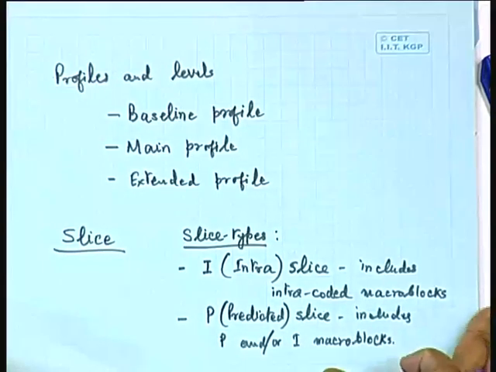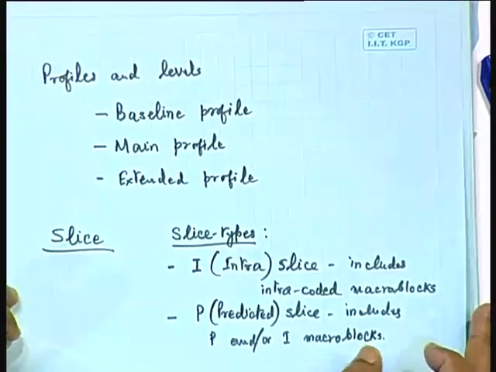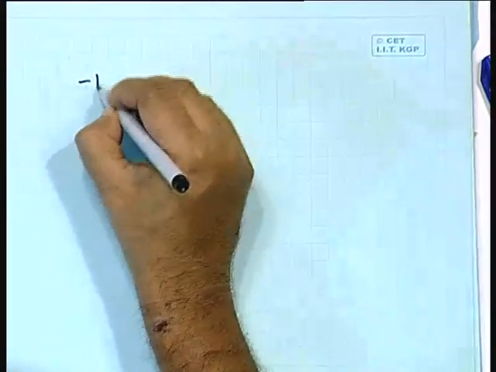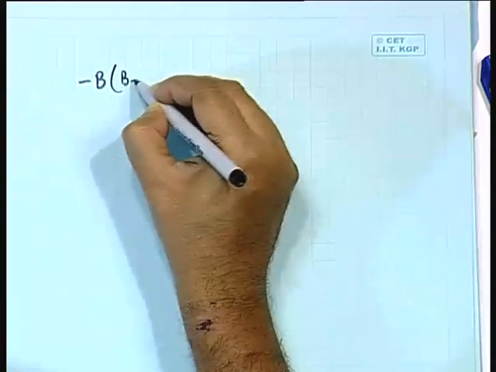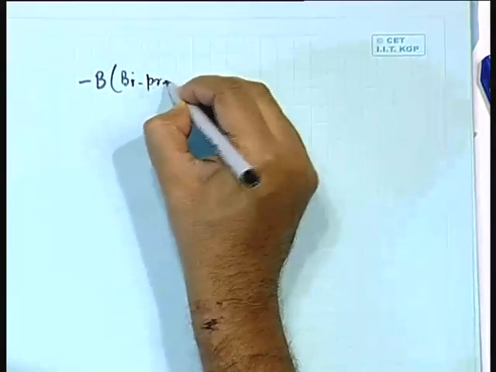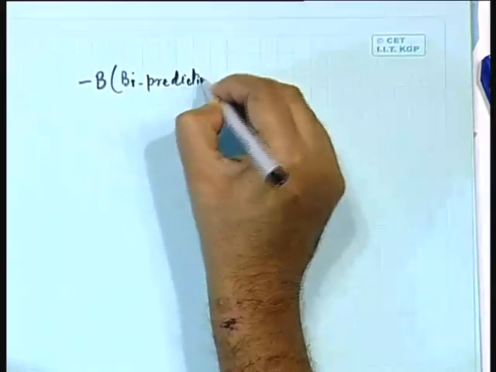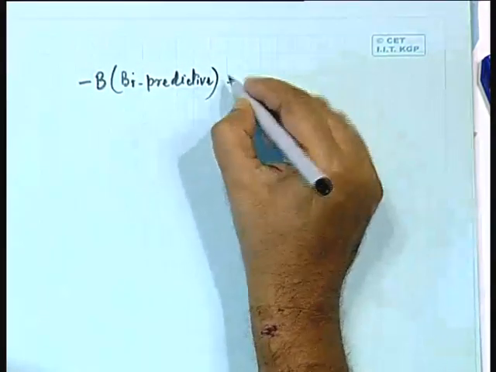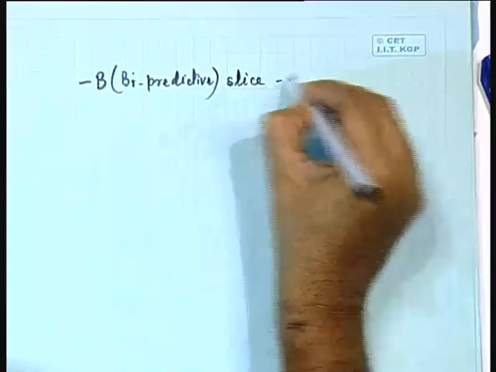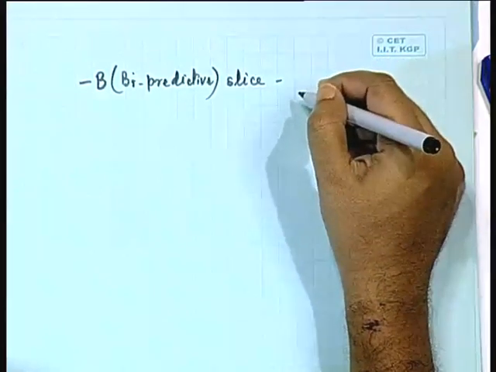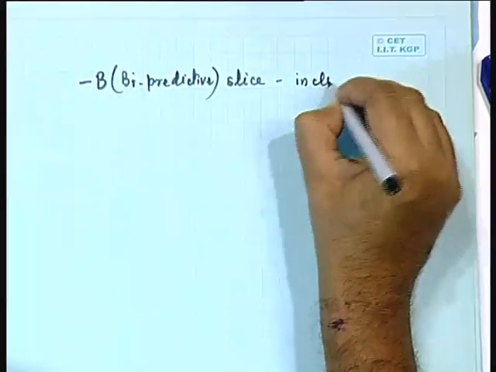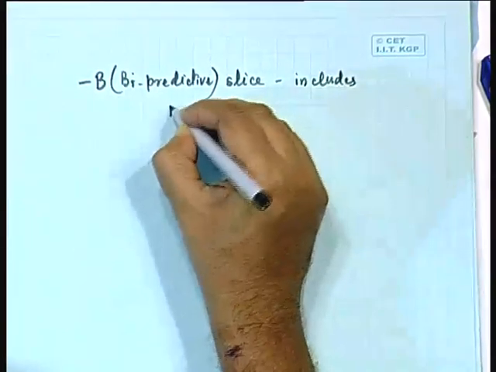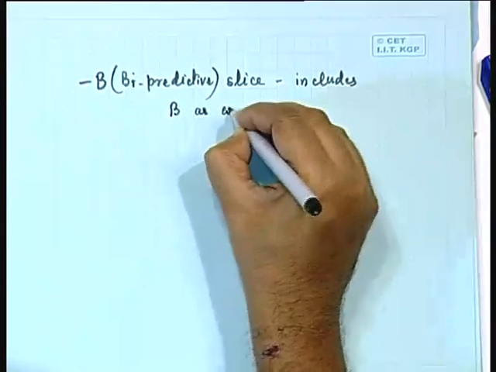So, this is about the P slice, and there is also the B slice, okay, and B refers to the bipredictive slice, and the B slice includes B as well as I macro blocks.